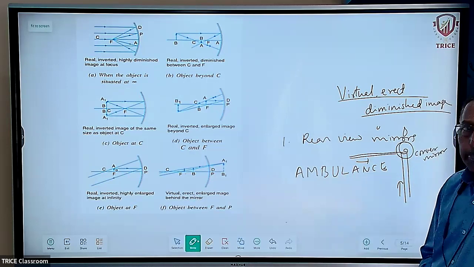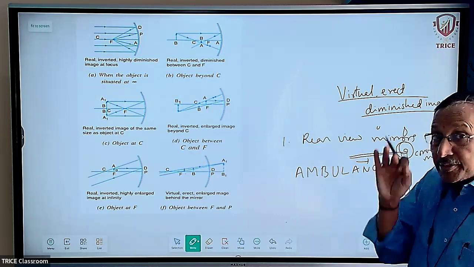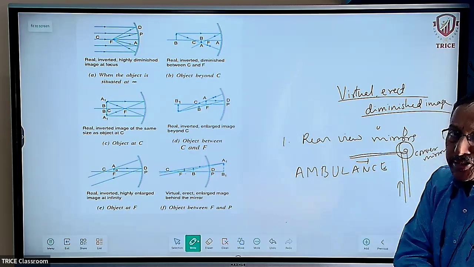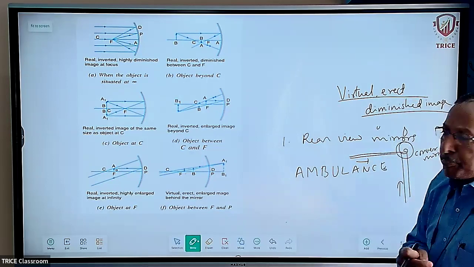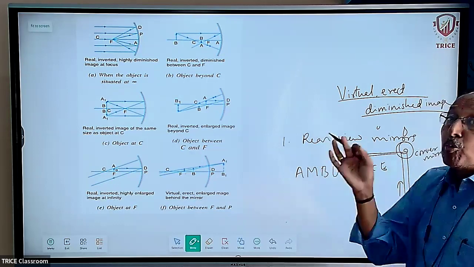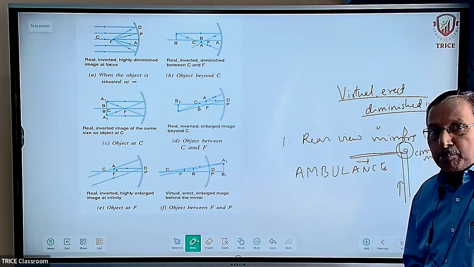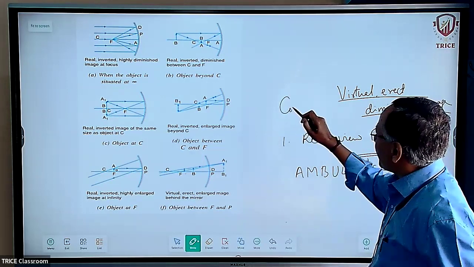When people see the image of this word in their mirrors, they will identify it's an ambulance. We should give way. Is it not? To bring that awareness or instinct in the people, this is printed ulta. The mirror image of ambulance is written on the ambulances. That is the main use of your convex mirrors.